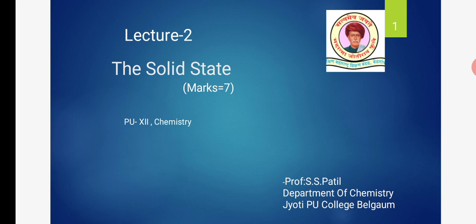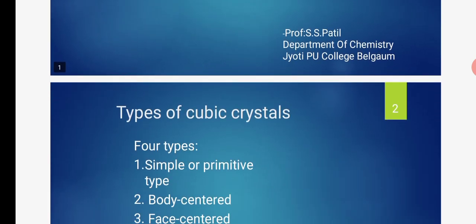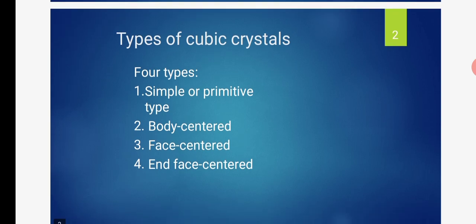Already in PUC first year, we have studied types of matter, that is solid, liquid, and gas. In this lecture, we are going to study various types of cubic crystal.